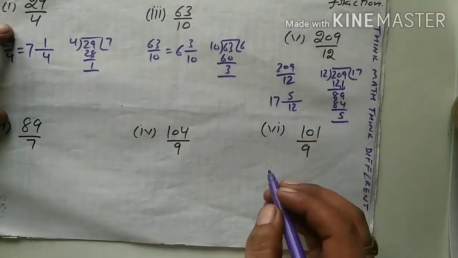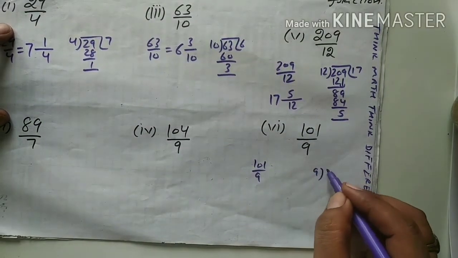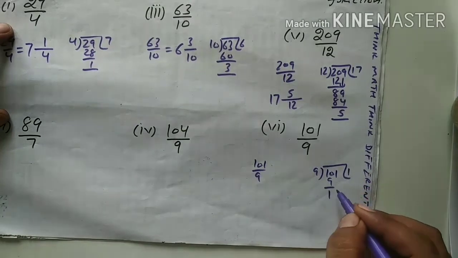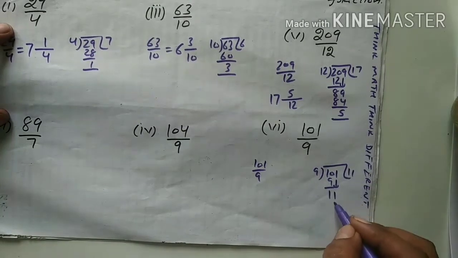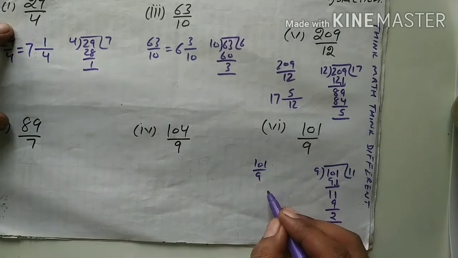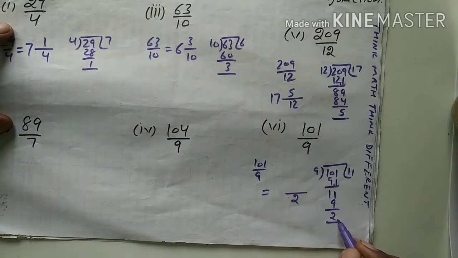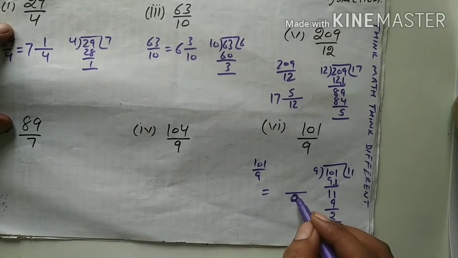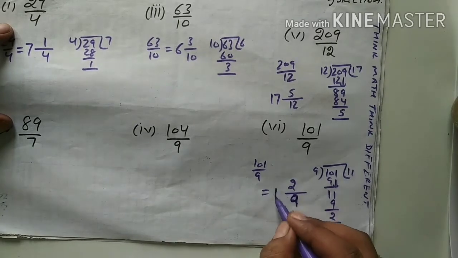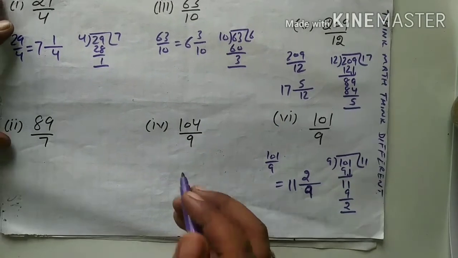Now 101 divided by 9. The remainder is 2, so you will write 2 on the top, 9 below, and 11 here. So this is the mixed fraction.